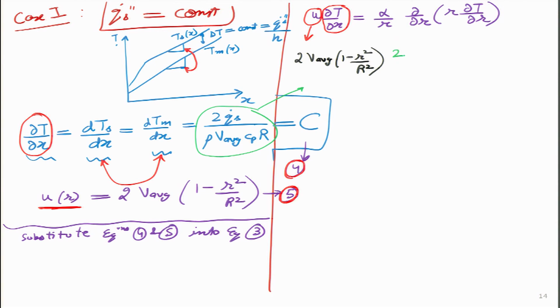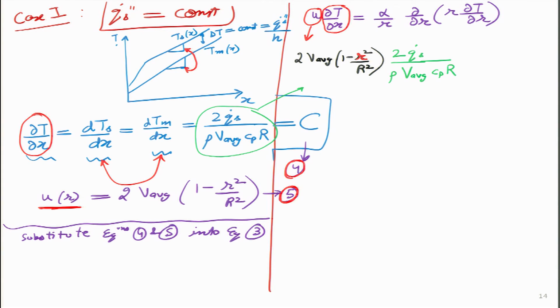This becomes 2 q dot s, heat flux, divided by rho V average. Look, V average will directly cancel immediately. Then Cp into capital R. So, left hand side is all constants, isn't it? Just this radius r is here. So I can just put one variable on the left hand side, which is this. Everything else is constant.